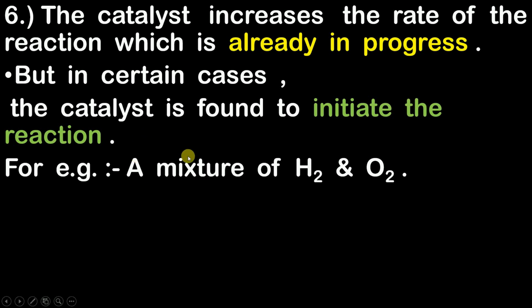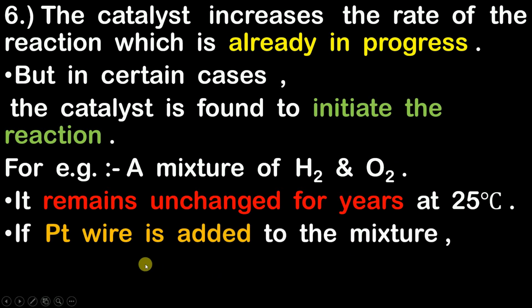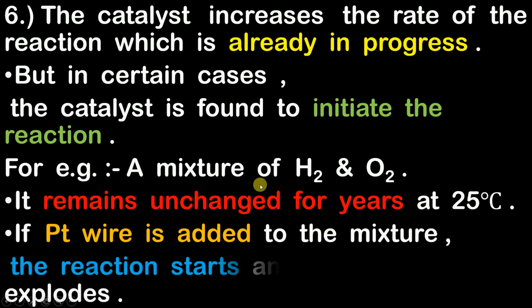Let's consider a mixture of H2 and O2. So we have a mixture of H2 and O2. This mixture remains unchanged for years. It is not going to react with anything. It is going to remain unchanged for years at 25 degrees Celsius. But as soon as you add your catalyst, that is nothing but a platinum wire, this mixture is going to start reacting, and it is going to react so rapidly that the mixture is going to explode.